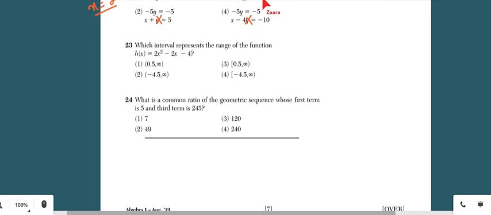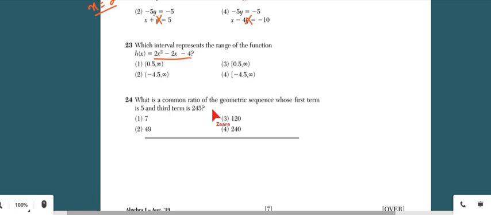Look at question number 23. Which interval represents the range of the function? This is the function, and we have to highlight its range. Its range will be from the minimum value to the maximum, which would be infinity.